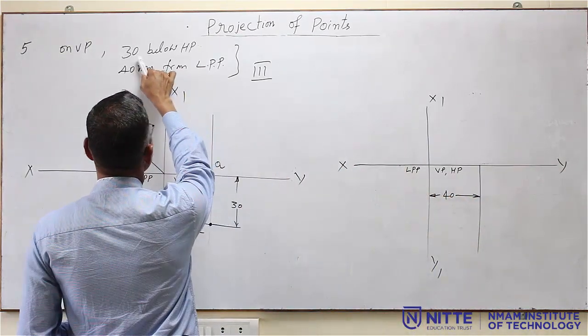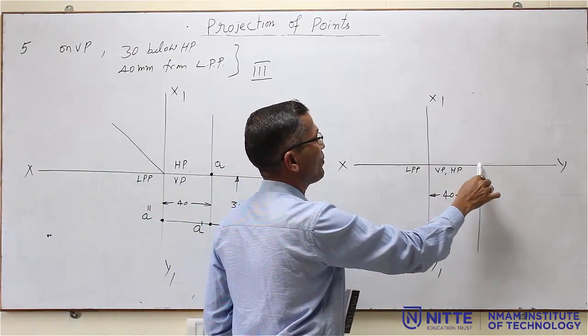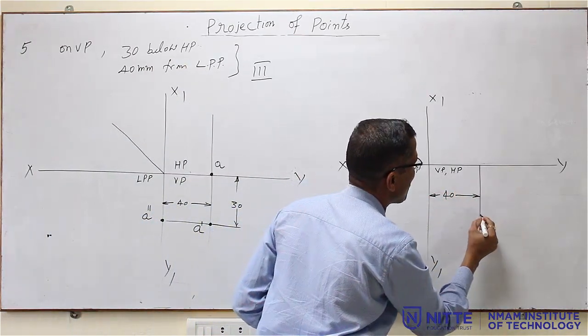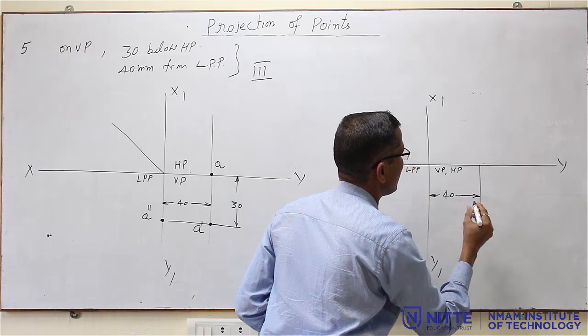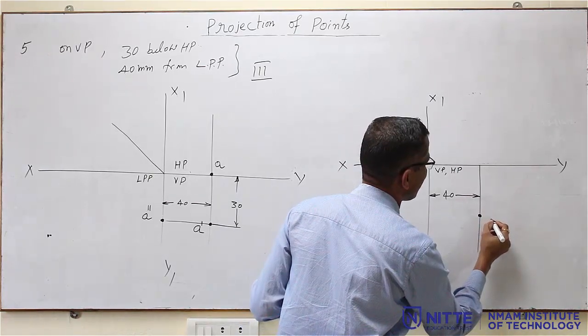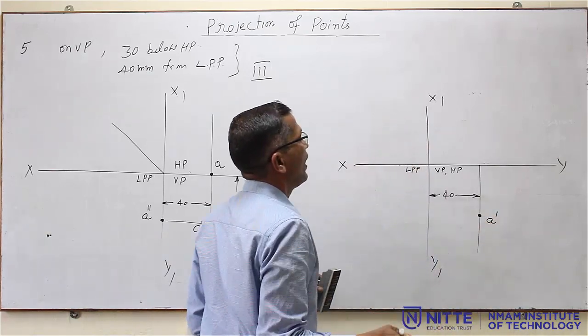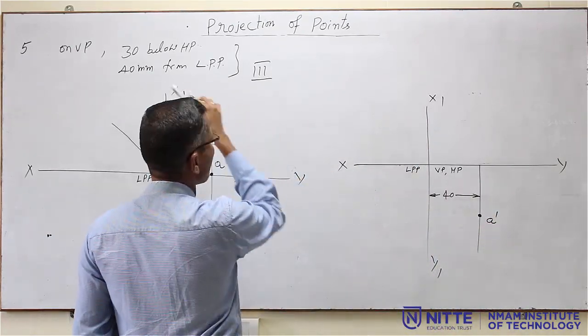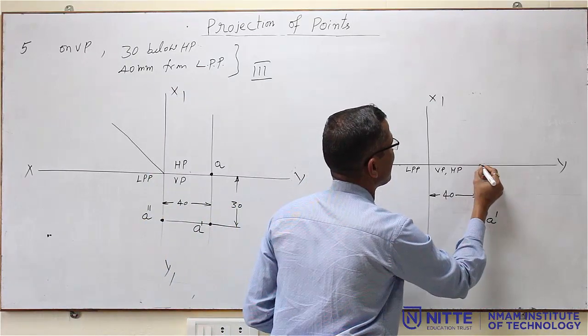And 30 mm below HP, that is on VP. From here you measure a distance of 30 mm below HP. So this is A dash, and it is on VP. On VP means it is on the XY line.